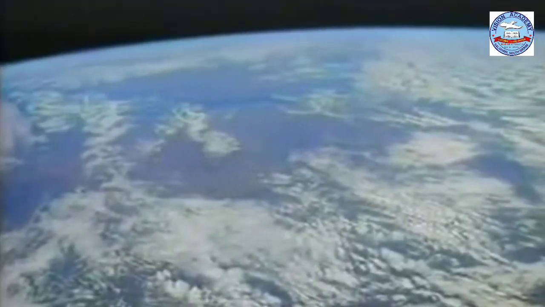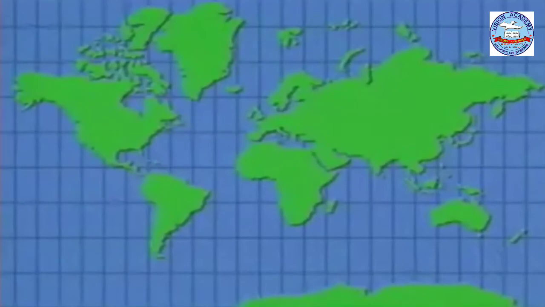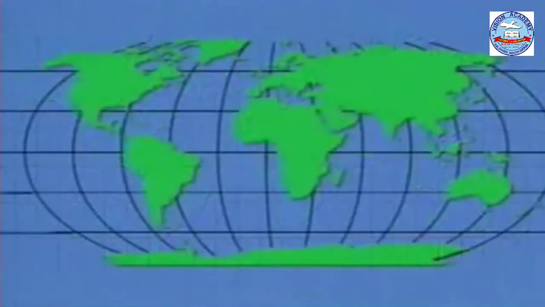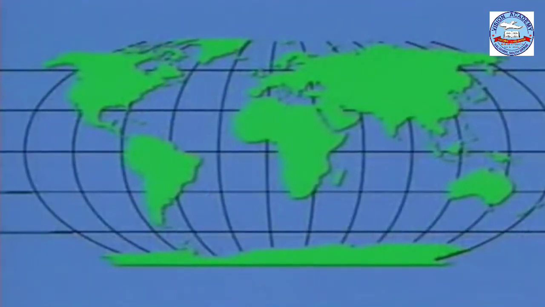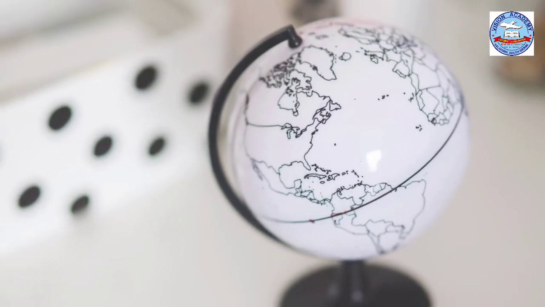That line is called the longitude. These are also known as meridians of longitude. The word meridian means midday, and hence a meridian of longitude joins places which have midday at the same time.